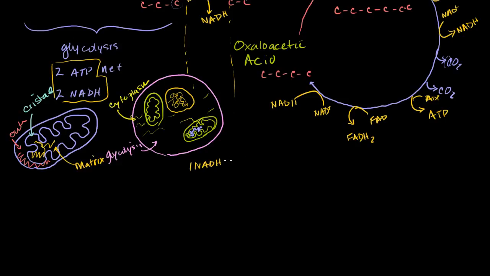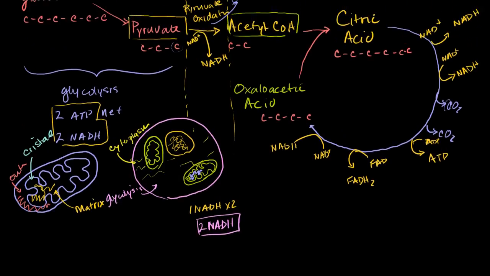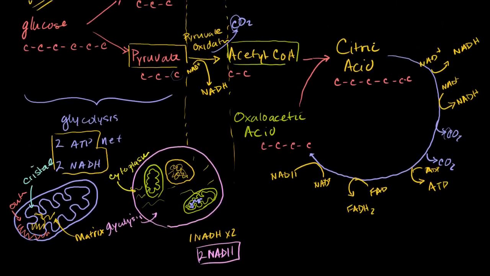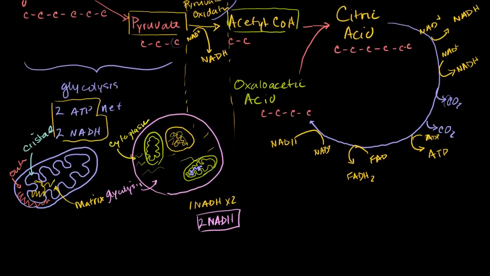So the pyruvate oxidation times 2 means that we got 2 NADHs right there. And then when we look at this side, the formal Krebs cycle, what do we get? We have how many NADHs? 1, 2, 3 NADHs. So 3 NADHs times 2, because we're going to perform this cycle for each of the pyruvates produced from glycolysis.